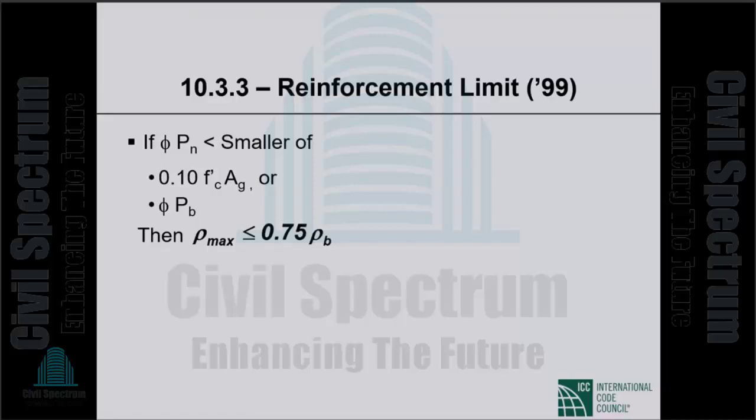Balanced reinforcement ratio is the reinforcement ratio that leads to yielding of the extreme tension reinforcement at precisely the same moment that the extreme compression fiber concrete gets to a strain of 0.003.